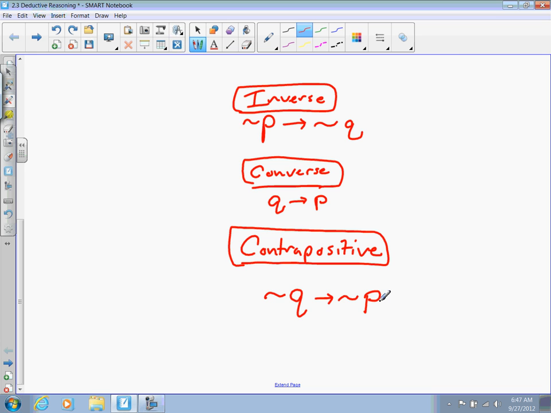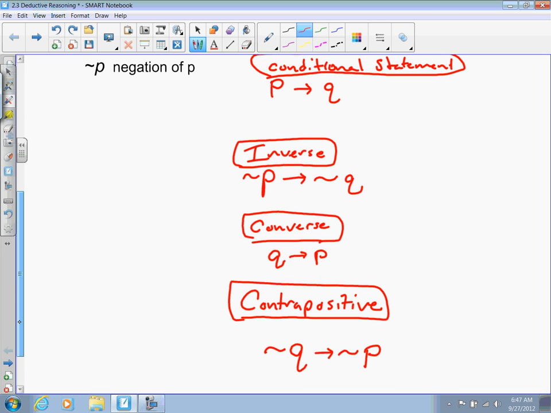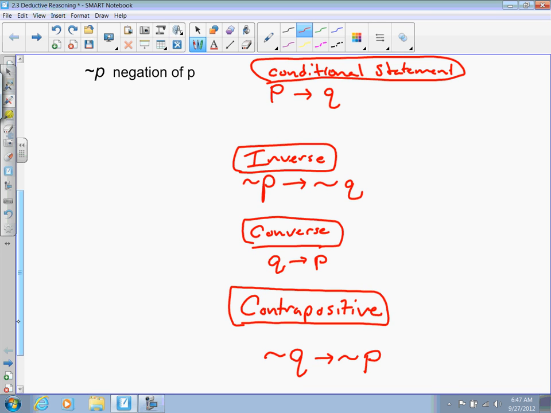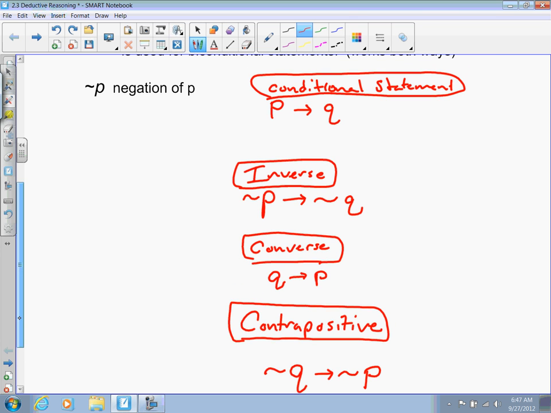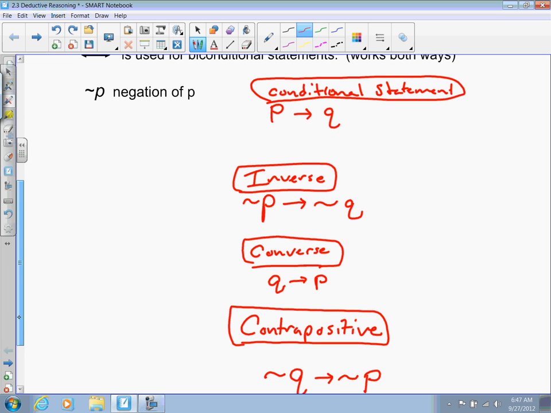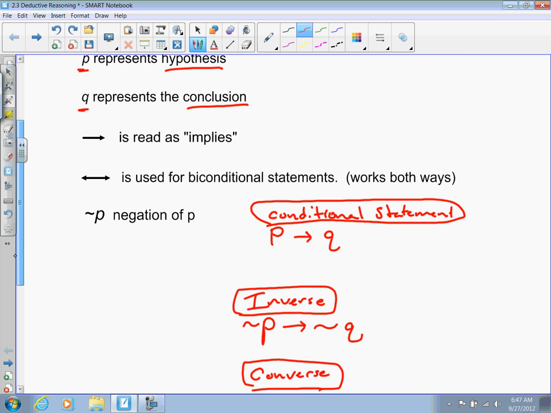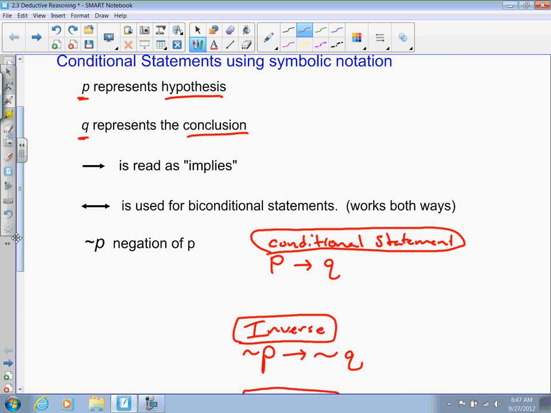These are something you might want to have down in your notes. It might make it easier to remember what the inverse is if you know the notation and you got it abbreviated quickly. So I think it'd be worthwhile to write down. The one symbol I did not talk about is this double arrow, and that is for biconditional statements.